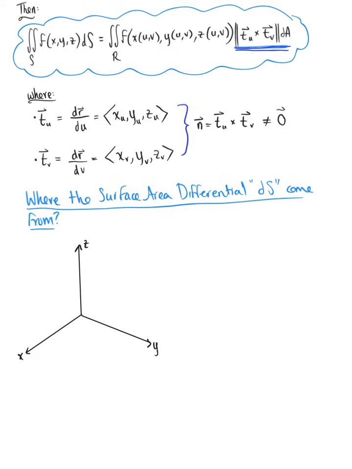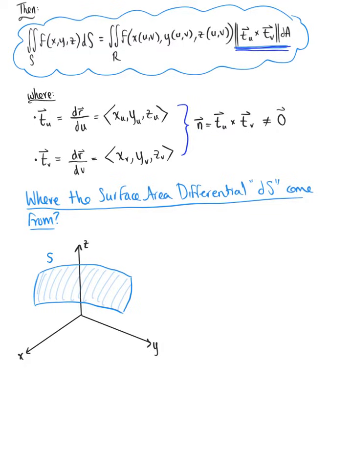We're just thinking about the first octant. And let's draw ourselves a little surface here. So we have some surface in space, excuse me. So here is the surface we are considering in space, and we'll call this our surface S. And we want to find where that surface area differential comes from.